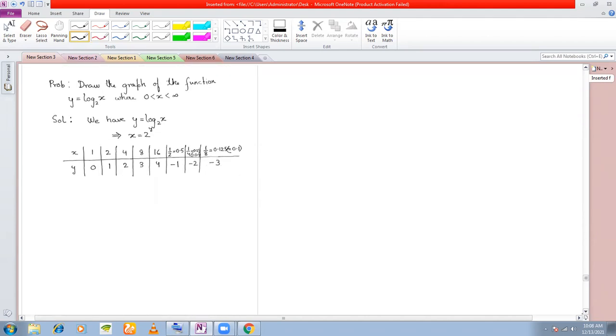Next, an important graph, y is equal to log x to the base 2. Now this is a graph that is not very difficult to draw. From the definition of log, you get x is equal to 2 to the power of y. And then you can choose your y's and x's accordingly. Now y here is the independent one, so I have to choose y first.